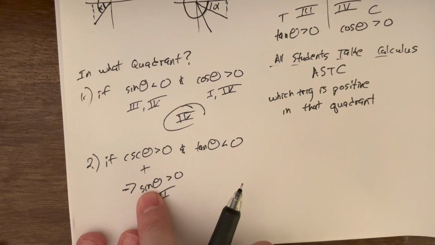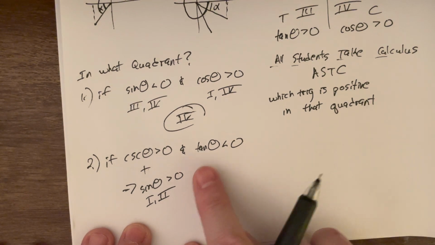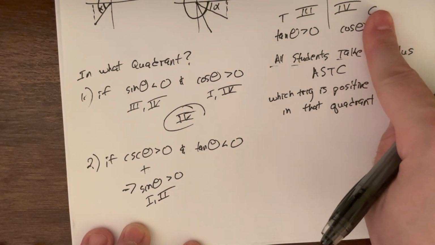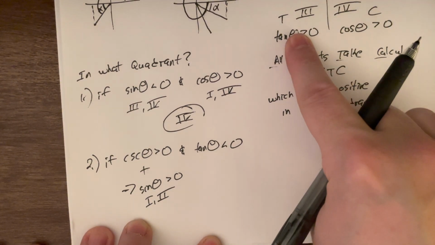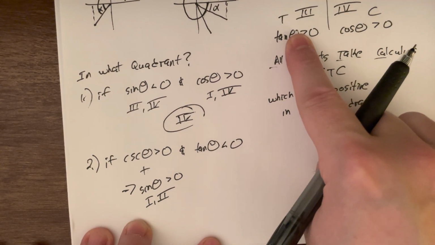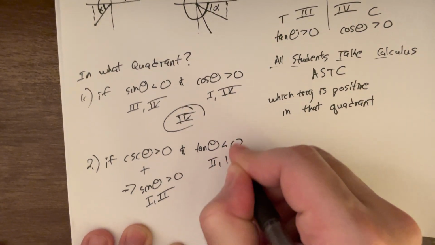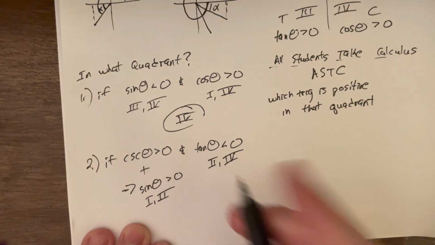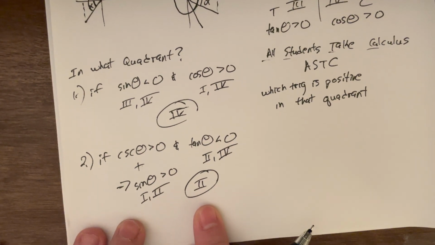If sine is already positive, that tells me that cosine has to be negative. But look at how nice it is to incorporate this. Tangent is greater than 0 in 1 and 3, therefore tangent is less than 0 in 2 and 4. This time quadrant 2 is the one that works for both.